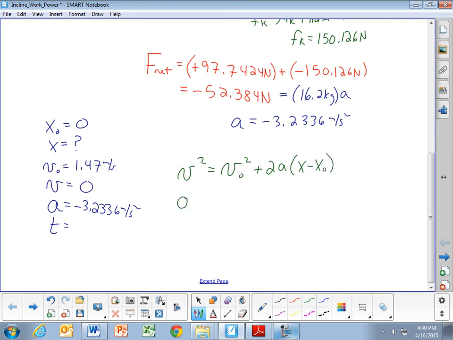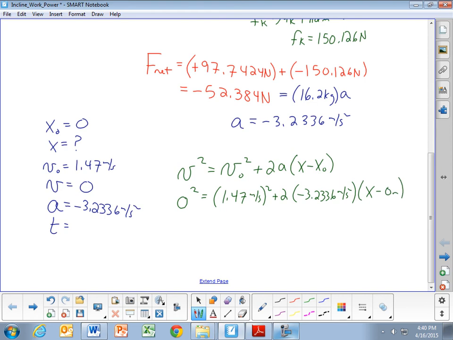So the final speed of 0 squared equals 1.47 squared plus 2 times the acceleration, negative 3.2336, times the final position, x minus 0.